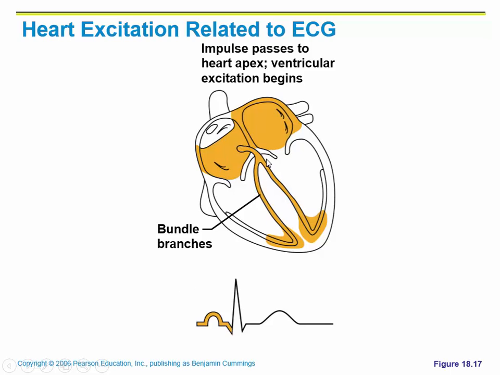So we're going down that bundle, those bundle branches, and we're just about ready to go to this big, huge peak called the QRS complex. The ventricles are much larger than the atria, and also the atria only have to push blood with gravity downward, and then the ventricles have to push it up against gravity. So they're going to have to work a little bit harder or contract a little bit harder.